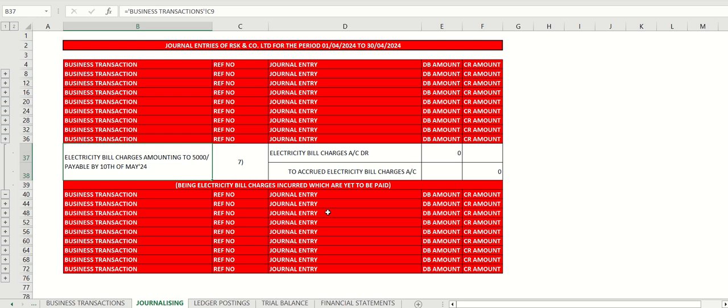For which reporting period has RSK and Co been preparing their financial statements? This is for the period 1st April 2024 to 30th April 2024. However, this particular charge, RSK and Co will be paying by 10th of May, which means the electricity charges have been incurred but not yet paid for that particular reporting period.